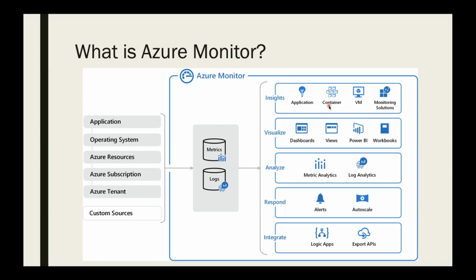If you have something like Azure Kubernetes Service or Azure Container Instances, they will come from the containers. And if you are still at the infrastructure IaaS level, you will have the virtual machines and some other monitoring solutions. They can be visualized as dashboards, views, and even connected to Power BI or workbooks.